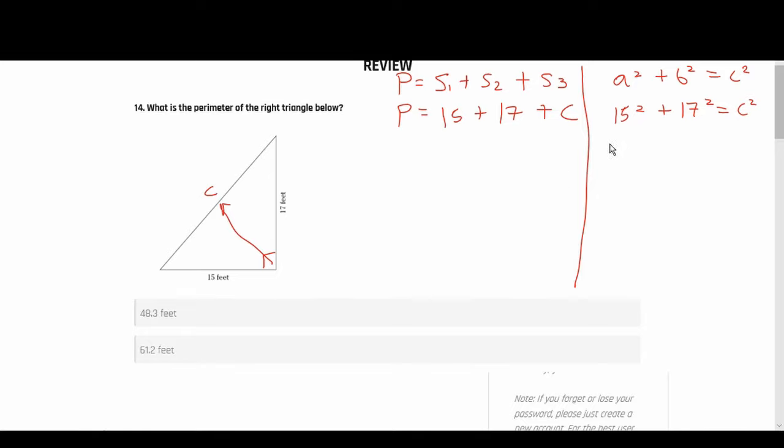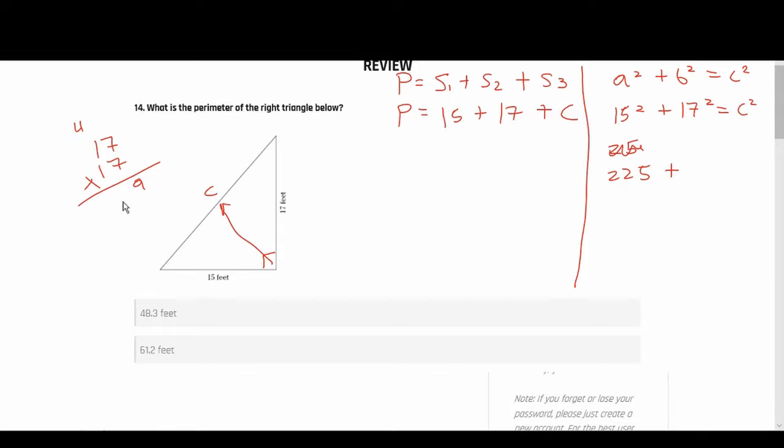Okay, I'm not going to work out 15 squared. You should know a lot of your squares up to about 15. 15 times 15 is 225. 17 squared, I'll go ahead and work out. 17 times 17 is 17 squared. 7 times 7 is 49, carry the 4. 7 times 1 is 7.